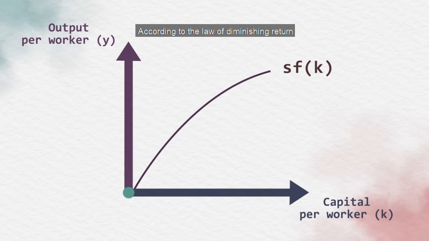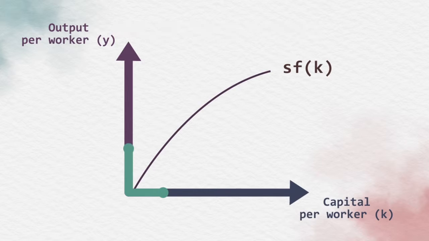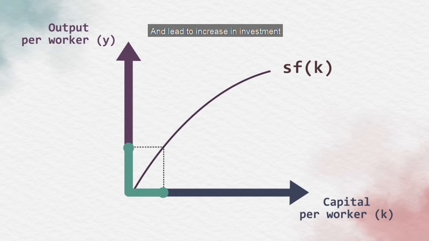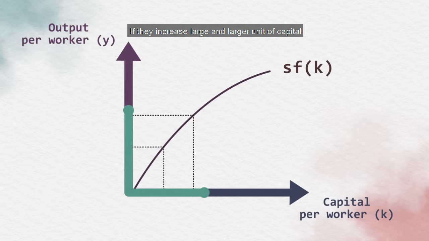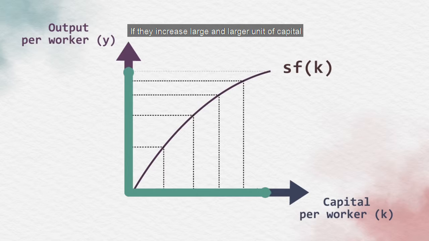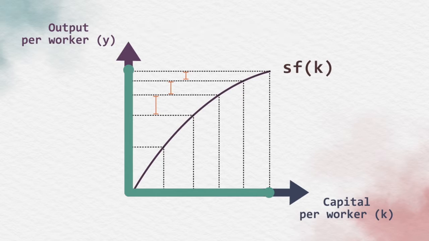According to the law of diminishing returns, the first units of capital per worker are highly productive and lead to an increase in investment. If they increase to larger and larger units of capital, they will get a smaller output and investment.